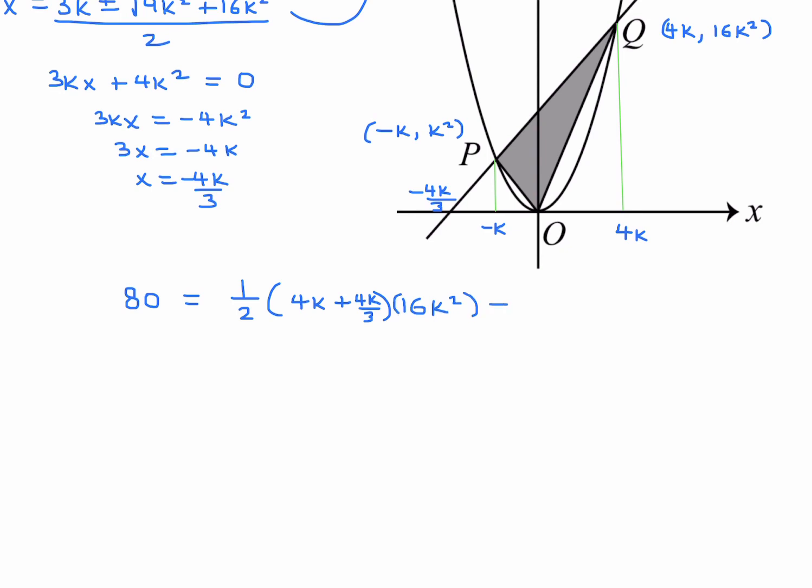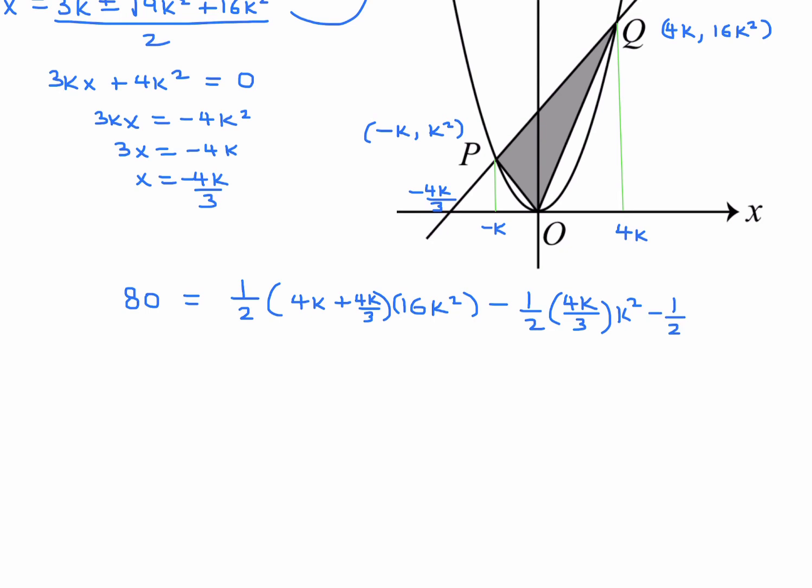From that, I have to subtract this triangle and this triangle. Okay, so this triangle, that should be pretty straightforward. 1/2 base times height. This is the base, which is 4k over 3. And the height is this, which would be the y coordinate right there, which is k squared.